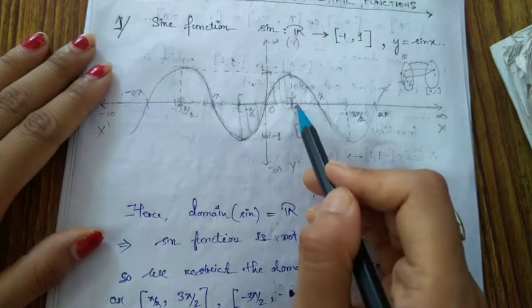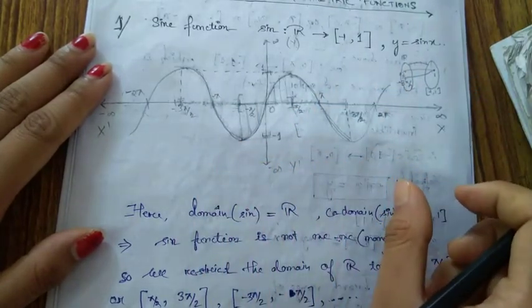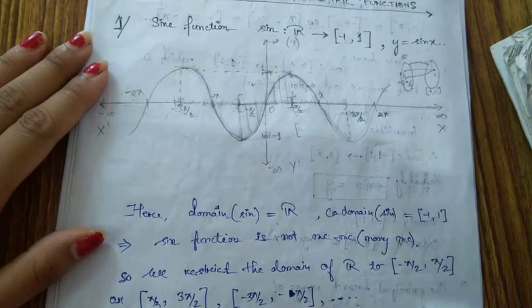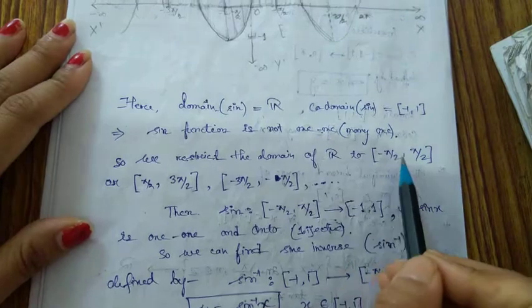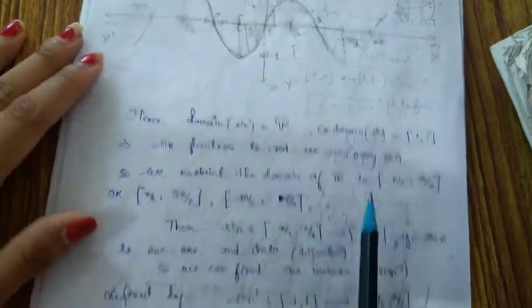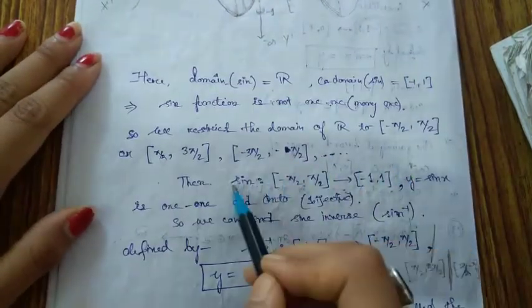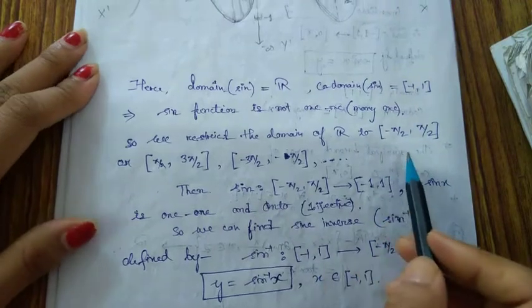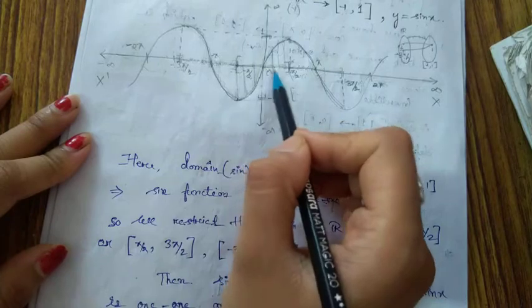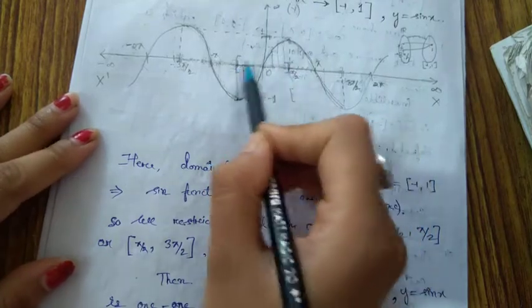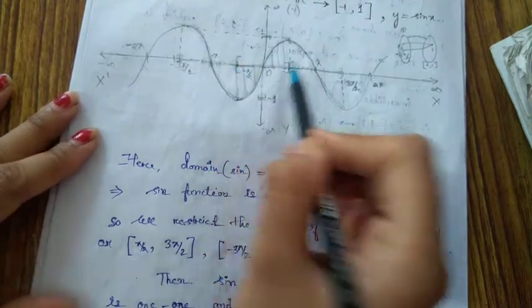Similarly we break the domain into sub intervals, closed sub intervals, so we restrict the domain of R to these closed intervals. Graphically, did you understand? And it goes on. Now we take one interval, the easiest one, the closest, -π/2 to π/2.